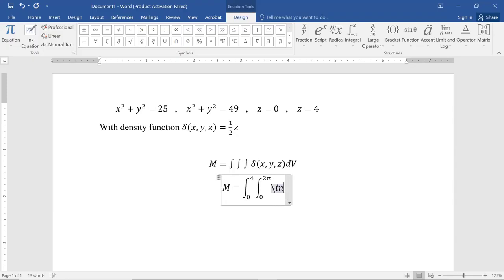And then if I integrate with respect to r first, r in this case goes from radius 5 to radius 7. My density function is 1/2 z. And then I do an r dr d theta dz.